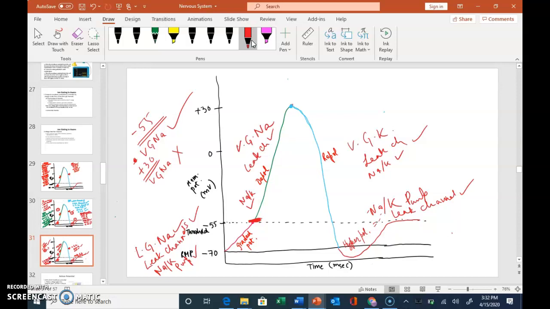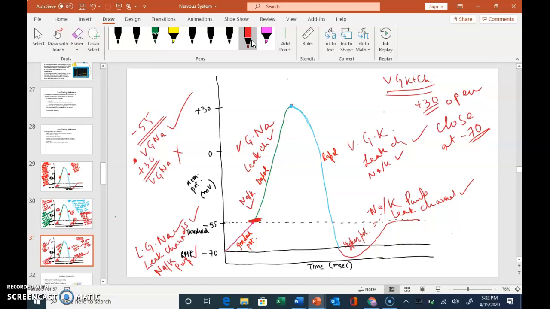Voltage gated potassium channels open at +30. And know one thing, they actually close when the resting membrane potential is reached. So they close at -70.